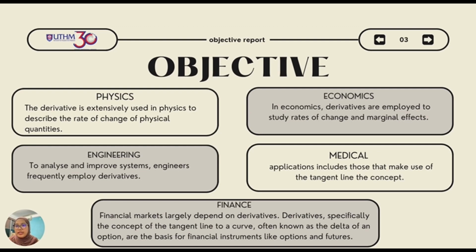And in medicine, it applies the concept of the tangent line. In finance, financial markets largely depend on derivatives. In derivatives, especially the concept of the tangent line to a curve, often known as the delta of an option, are the basics of financial instruments like options and futures.